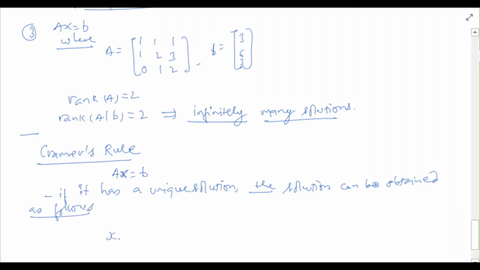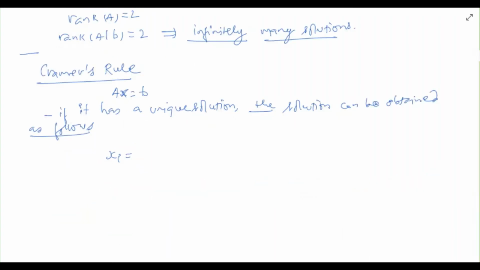The ith unknown xi can be obtained by dividing determinant of Ai by determinant of A, where Ai is the matrix that is obtained by replacing the ith column of A with B.